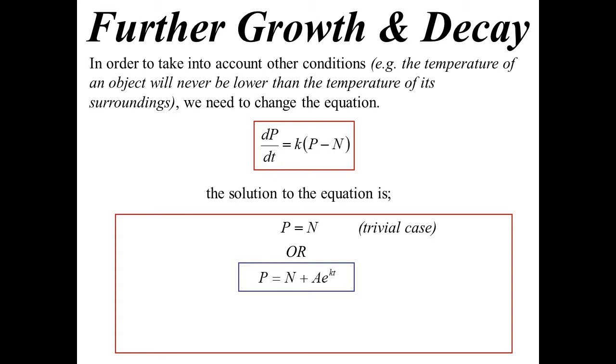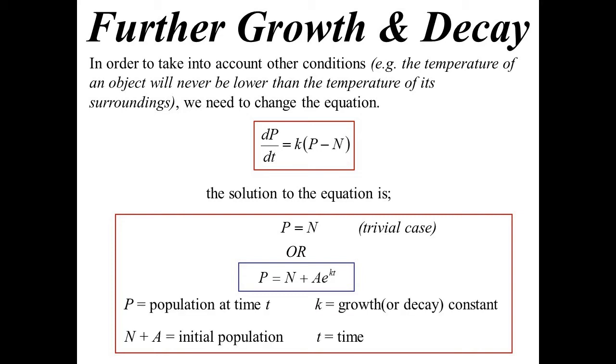Instead of going asymptotic to the axis, it'll go up or down. So that N is the outside influence. Remember I said with the example of a temperature, it'll never go lower than the temperature of its surroundings. So if it was starting at a high temperature, it'll come down, but it'll go asymptotic, not to the axis, but to whatever the temperature of the surroundings is. So we've basically shifted the curve up to that point.